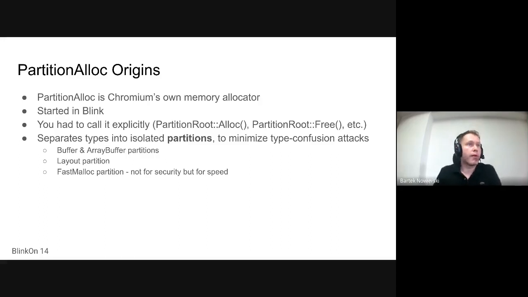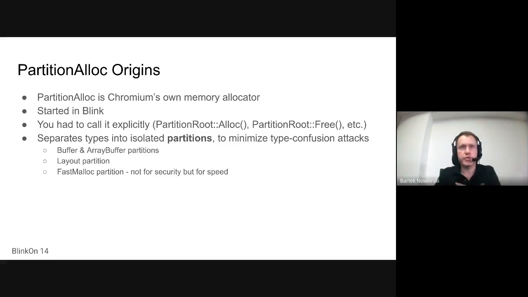Blink has a couple of buffer partitions. It has a layout partition, which will probably go away soon as we're about to Alpinize it. And it also has a fast malloc partition. The last one was not created for security purposes. It's a kind of catch-it-all partition anyway.